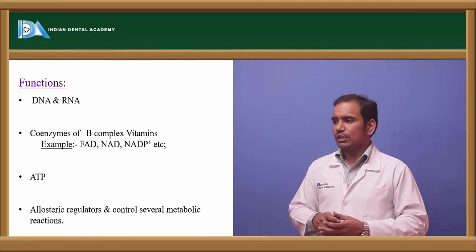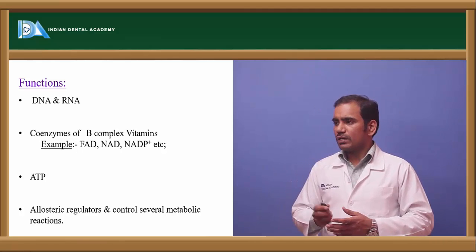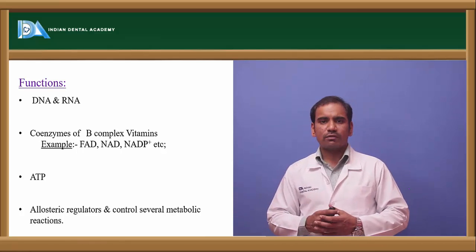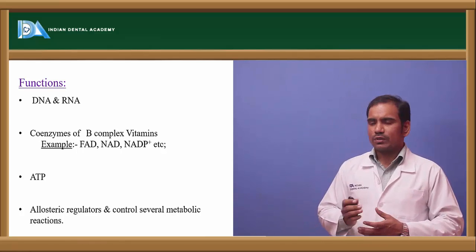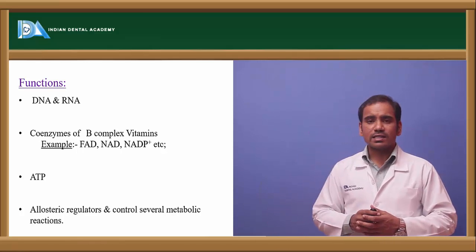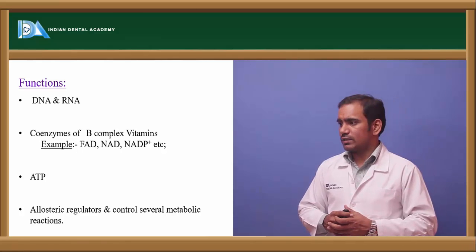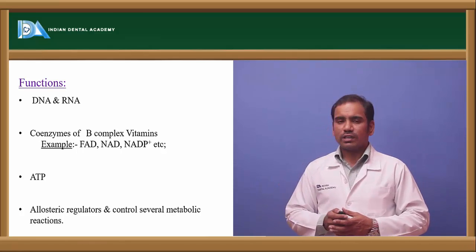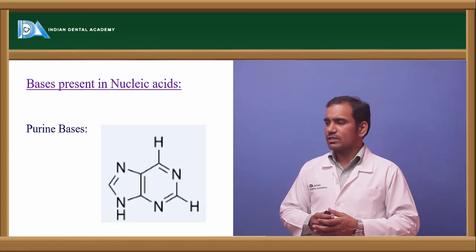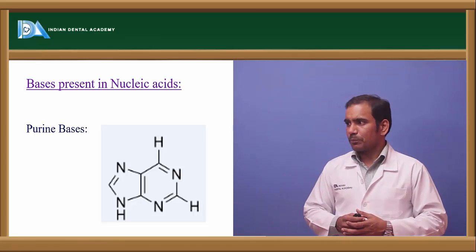Apart from that, nucleotides also act as regulators and control several metabolic processes. They regulate metabolism in our body by acting as allosteric modulators. These are the important functions of nucleotides apart from their role in the transfer of genetic information.